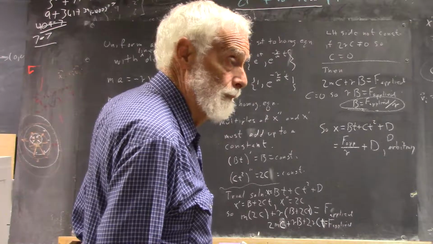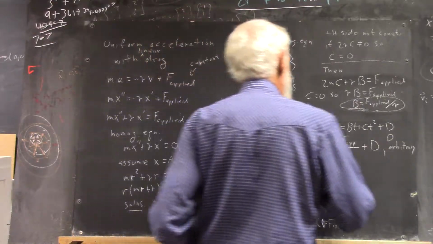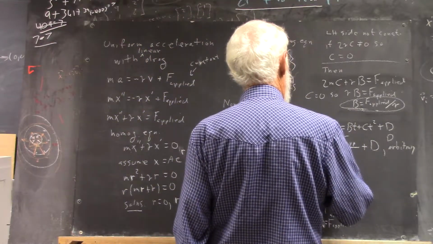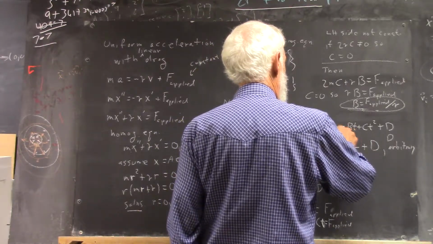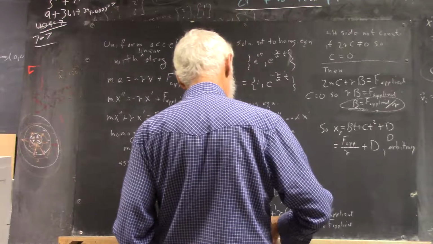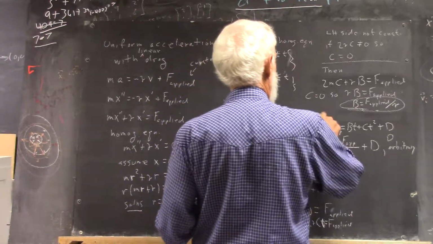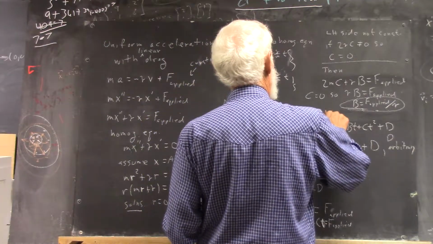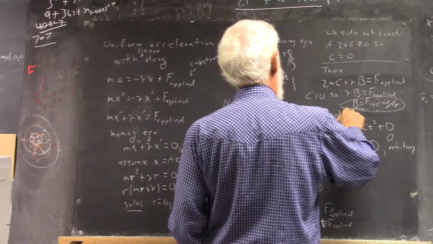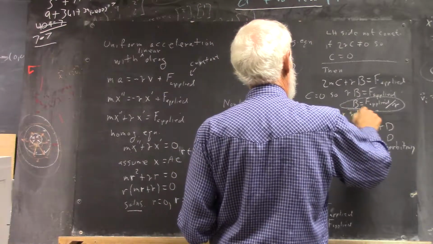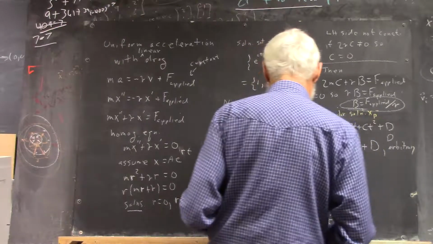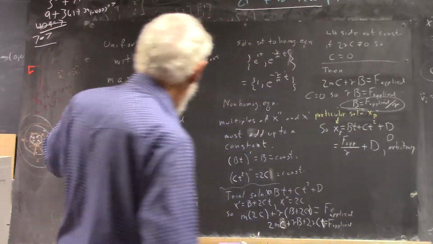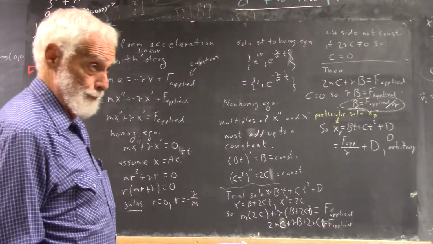Now I'm going to call this x sub p. Used this term before, particular solution. It's a solution to the non-homogeneous equation.